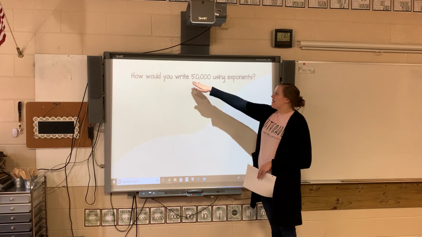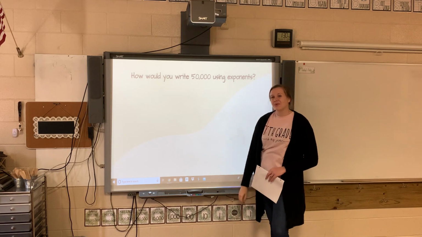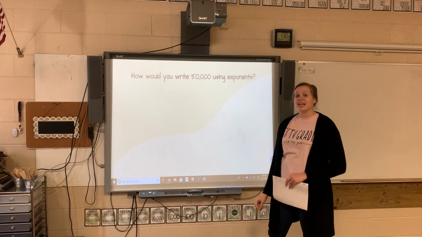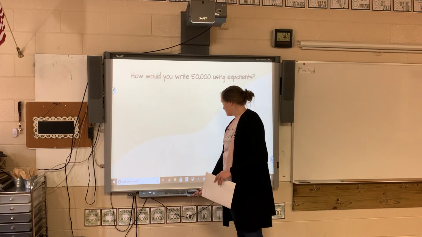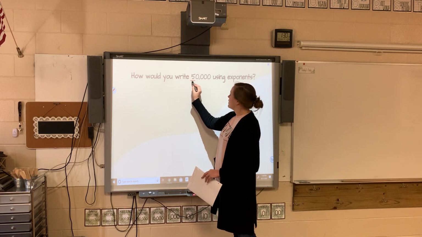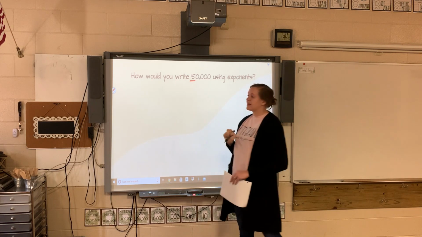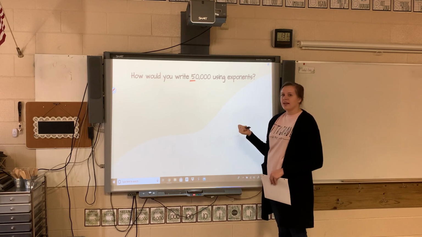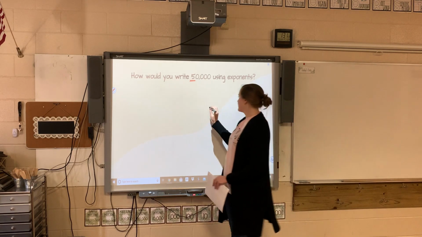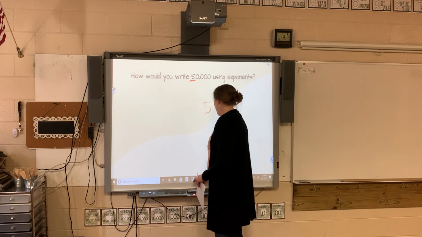So if we have the number 50,000 and we need to figure out how to write that using exponents, we're going to first look at this digit. What number did I underline? 5. So we have 5.